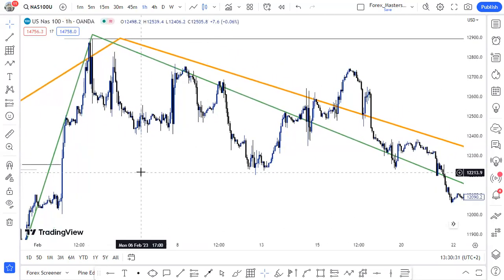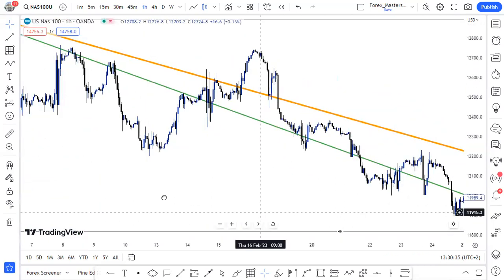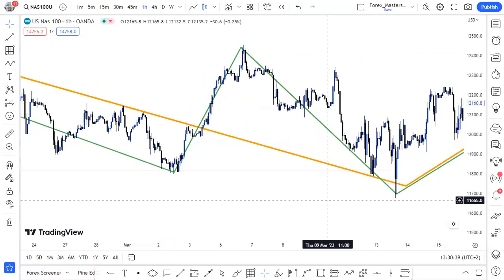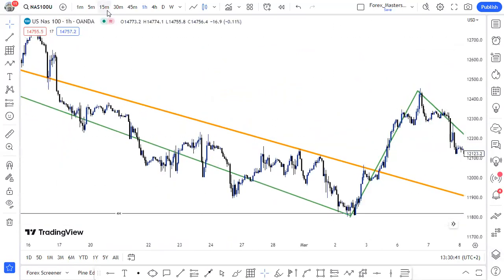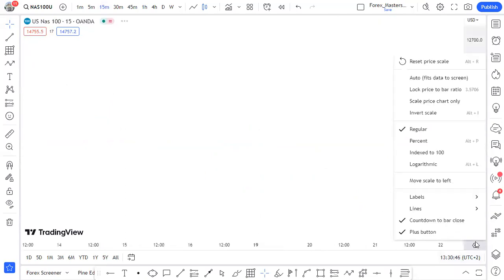although much of it would have made so much sense if we had gone to M15. Let me try to get to M15, so that we look at the market structure on M15.